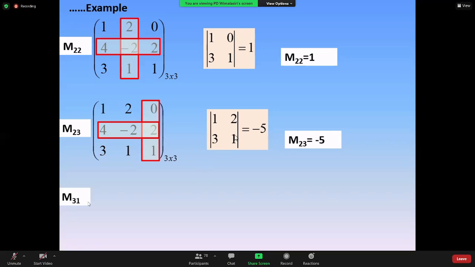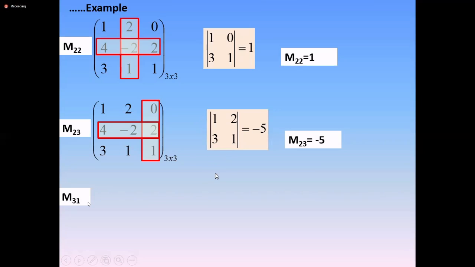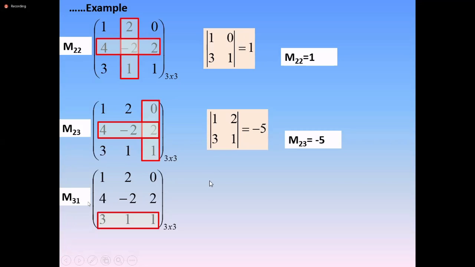So this is 1 by 1 minus 2 by 3. 1 by 1 is 1, 2 by 3 is 6, then 1 minus 6 is minus 5. Then the third row, first element. So remove the third row and first column. Then what you can see here are the figures 2 by 2 minus 2 by 0.